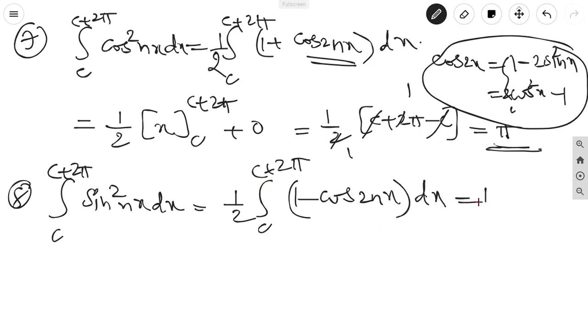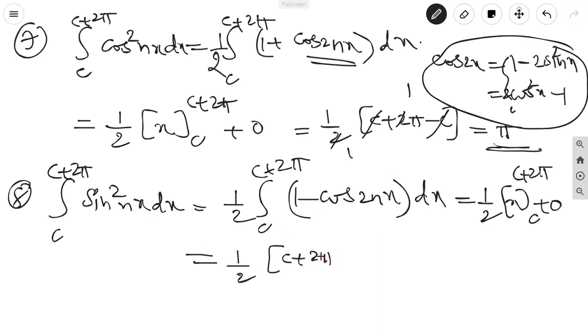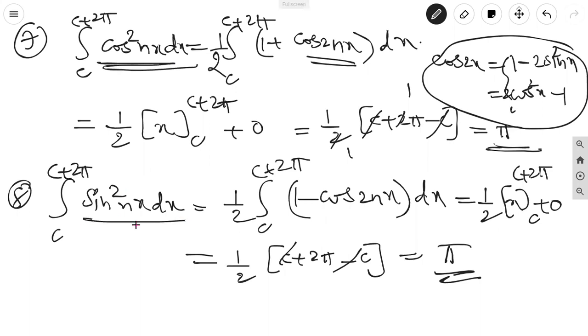It is also equal to 1 by 2, integration of 1 is x, limits from c to c plus 2 pi. The remaining integration after the limits we get 0. So this is equal to 1 by 2 into c plus 2 pi minus c. It is equal to pi only. Just remember, cos square nx dx and sin square nx dx values are equal to pi.